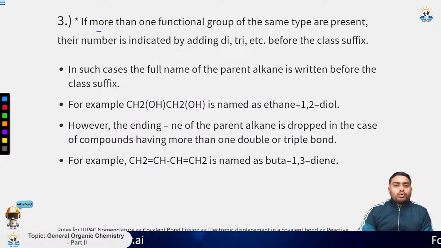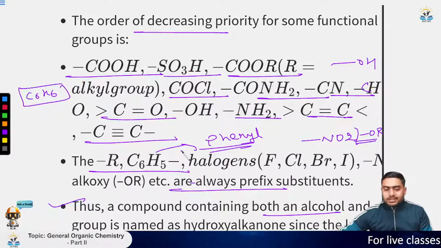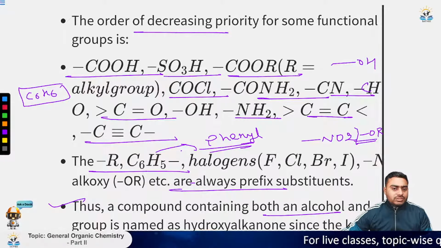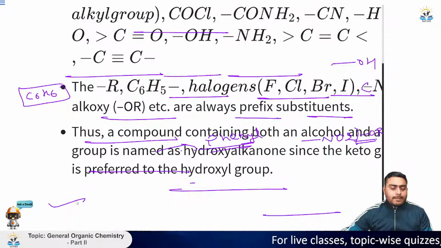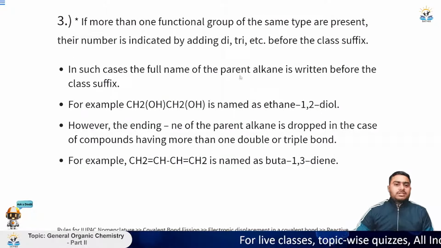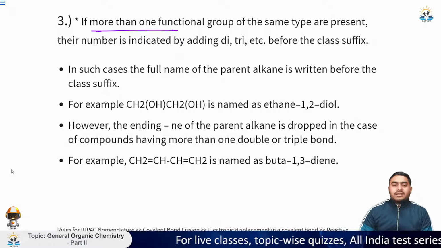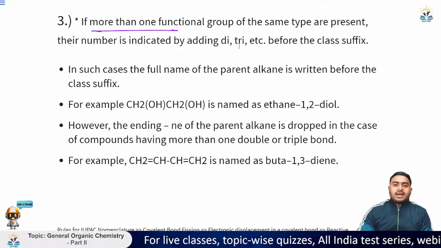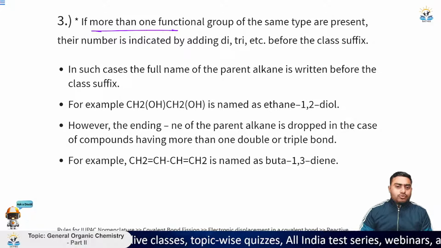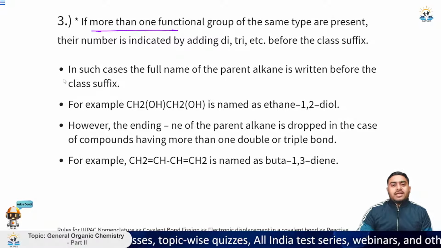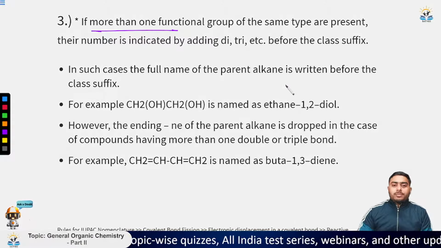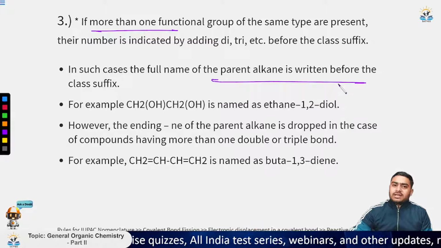Next point, if more than one functional group of the same type is present, their number is indicated by adding di, tri, etc. before the class suffix. In such cases, the full name of the parent alkane is written before the class suffix.